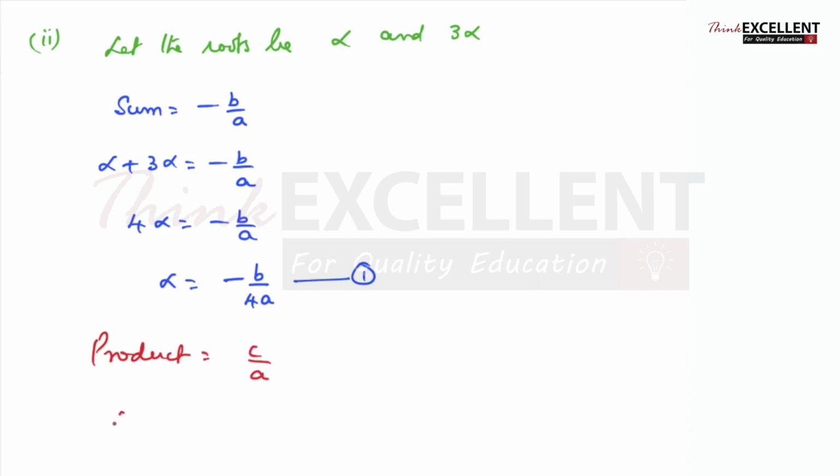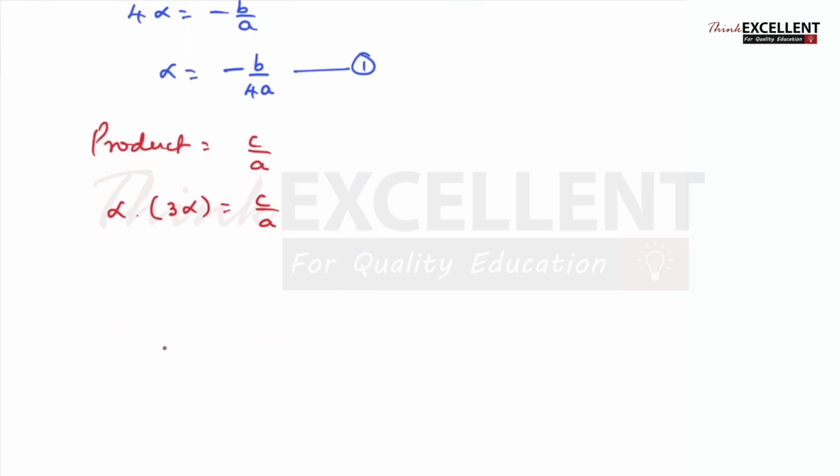Product means you multiply alpha into 3 alpha equal to c by a. That is 3 alpha square is c by a. Instead of alpha, you substitute the value from equation number 1, that is minus b by 4a.